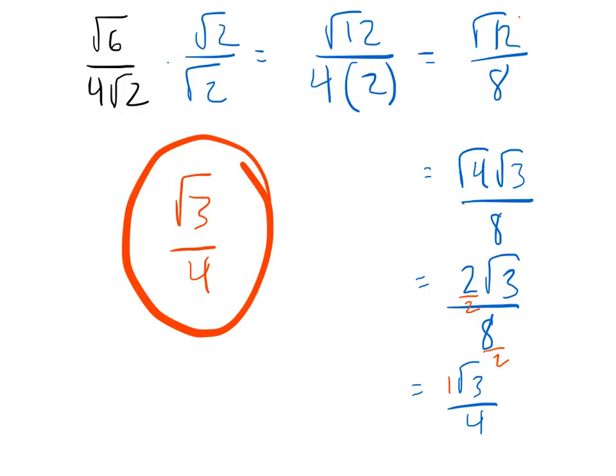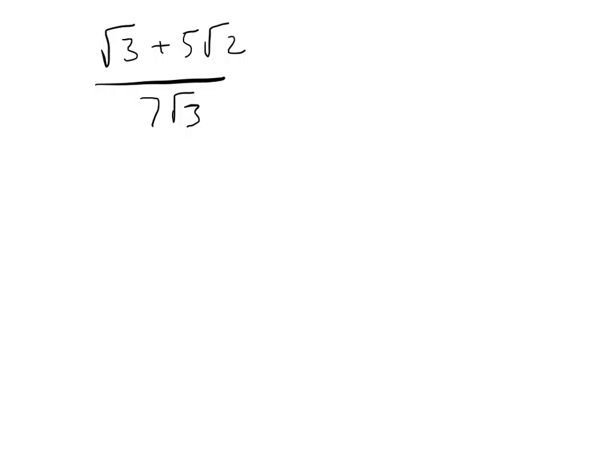So let's look at one more. Now this one, we have a binomial, meaning we have a two-termed expression in our numerator, and we have a radical expression in our denominator. So I'm going to do the same thing. I'm going to multiply by root 3 on the top and bottom. But up here, I'm going to make sure that I distribute that root 3 to both terms. So on top, root 3 times root 3, remember that just gives me 3, plus root 3 times 5 root 2.